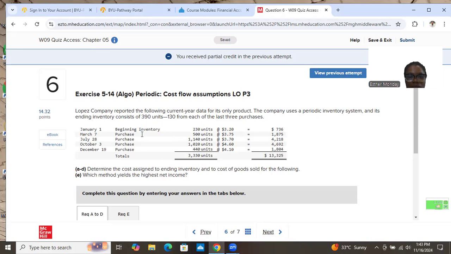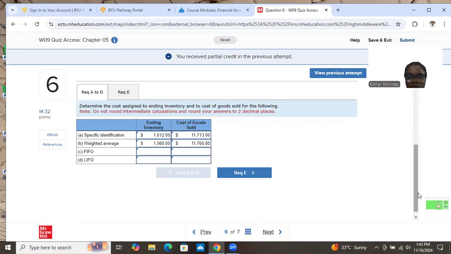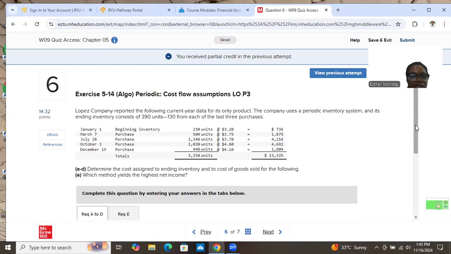Then from that 2,940, you multiply it by 4. So when you multiply 4 by 2,940, you have 11,765 here.